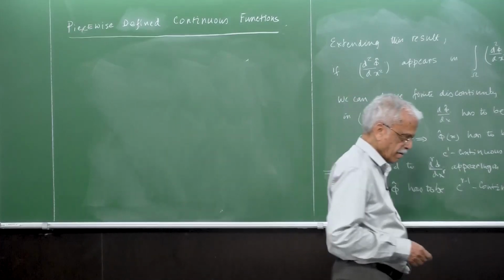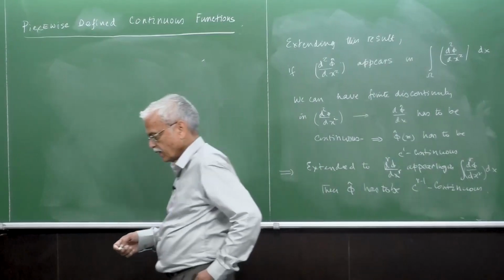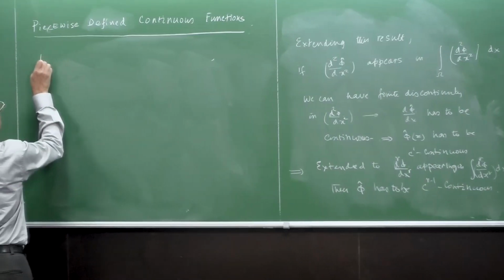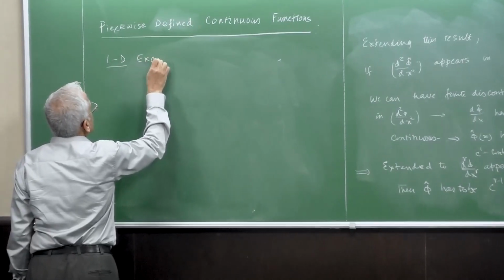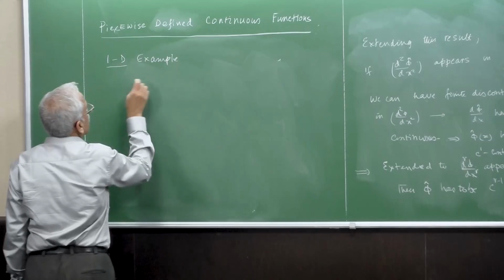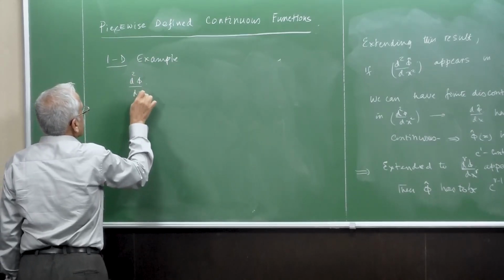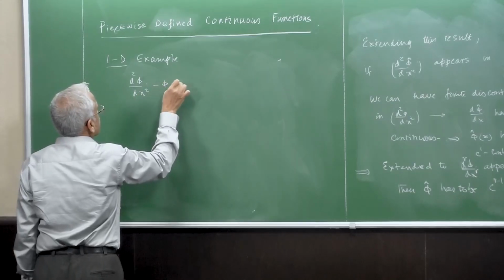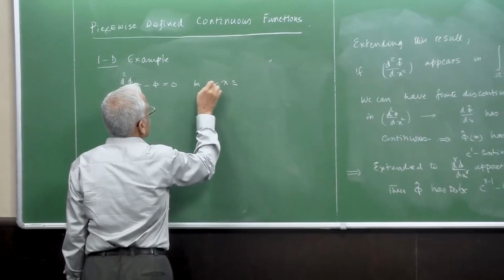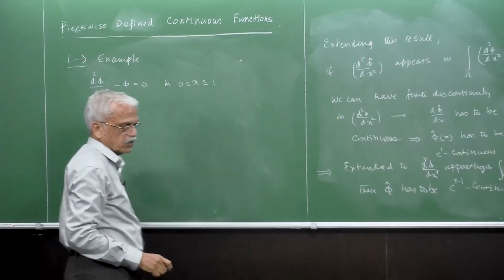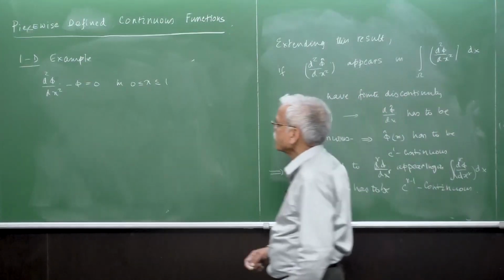And before that, let's look at the one-dimensional equation d square phi over dx square minus phi is equal to 0 in x is equal to 0 to 1, and then with some boundary condition.